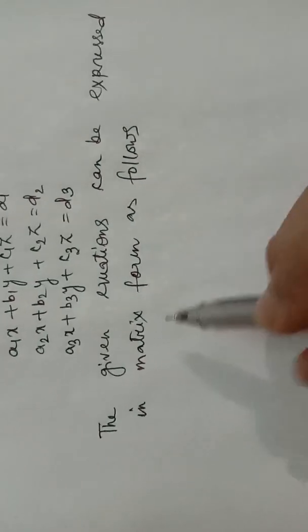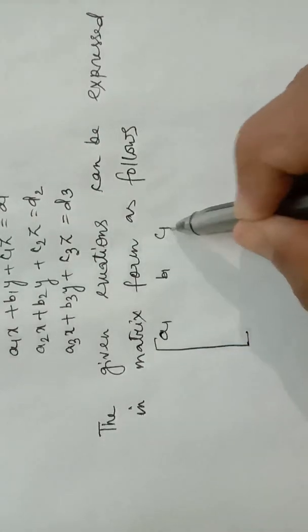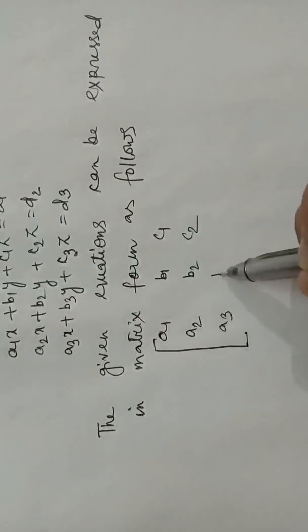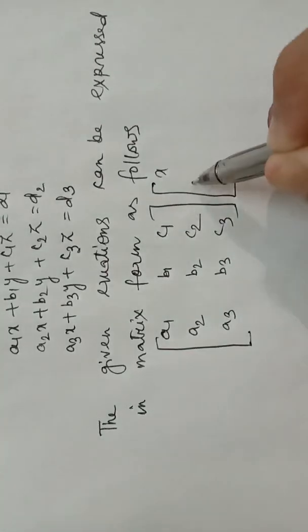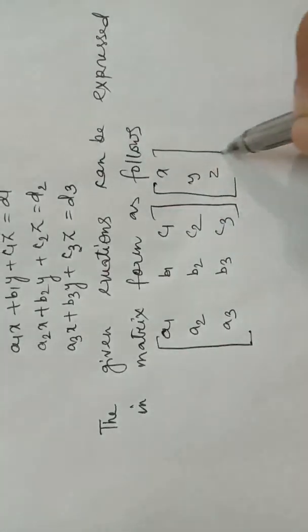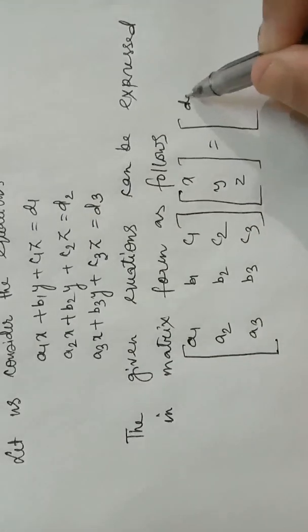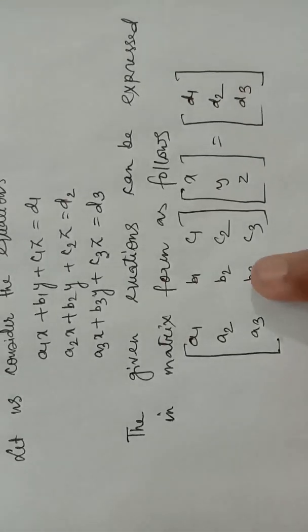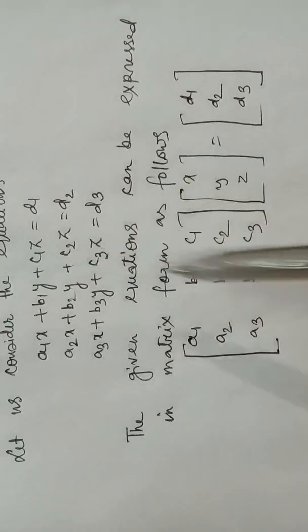These equations can be written in matrix form in this way: the matrix with rows a1 b1 c1, a2 b2 c2, a3 b3 c3, times x y z, is equal to the right hand side d1 d2 and d3. This is the matrix form of these equations. If you multiply these two matrices and compare, you will get the equations.